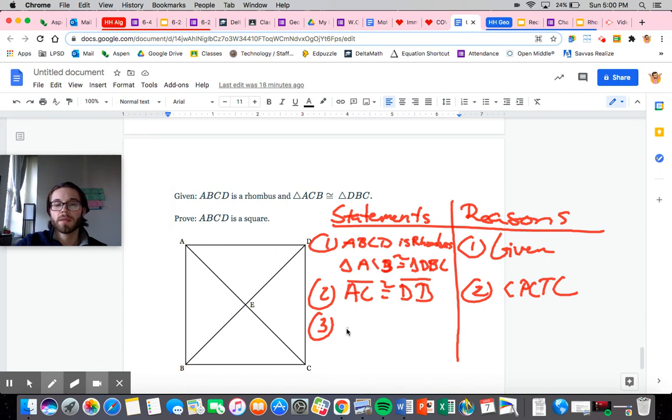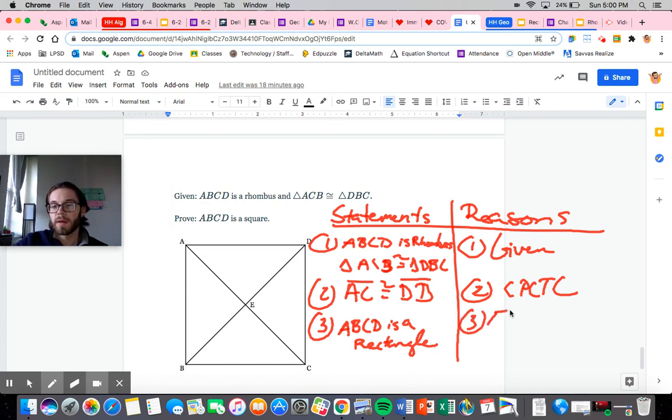I know it's a rectangle. I'm going to say it's a rectangle. ABCD is a rectangle. Why do I know it's a rectangle? Well, it's a parallelogram. How do I know it's a parallelogram? Because I was told it was a rhombus.